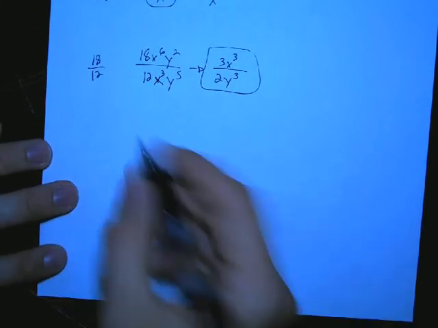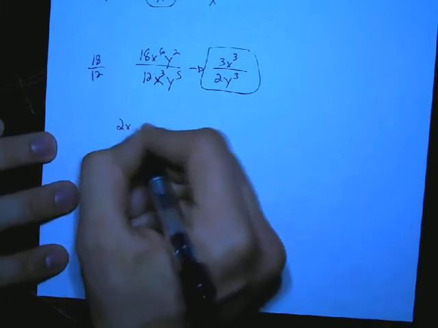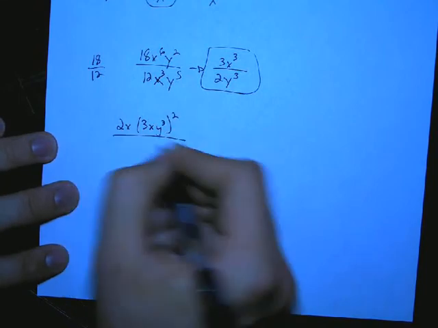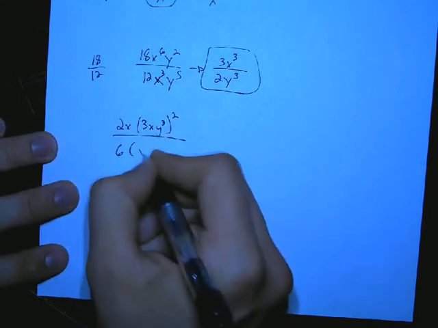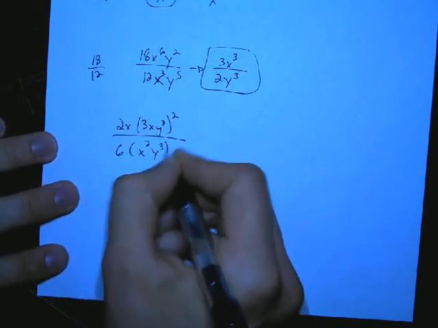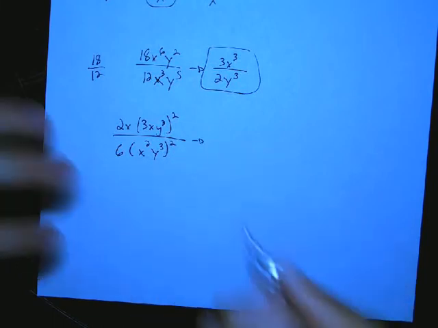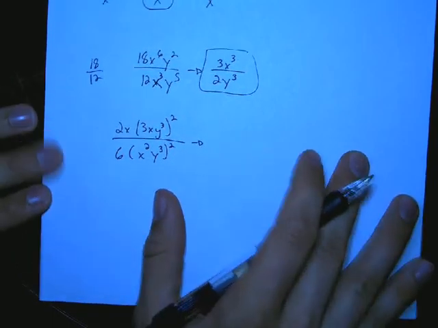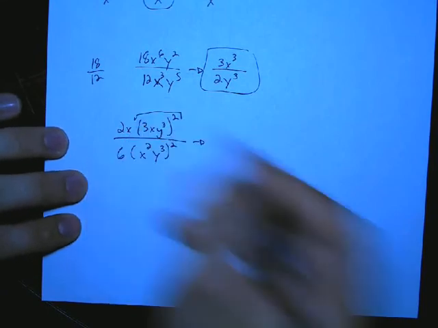A little bit harder problem. Let's go 2x(3x y^3) squared over 6x squared y^3 squared. Now, the first thing we're going to have to do, just like with multiplication, is take out one of the pieces. Let's take out this piece.